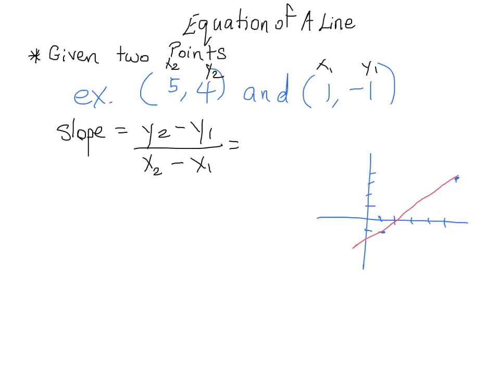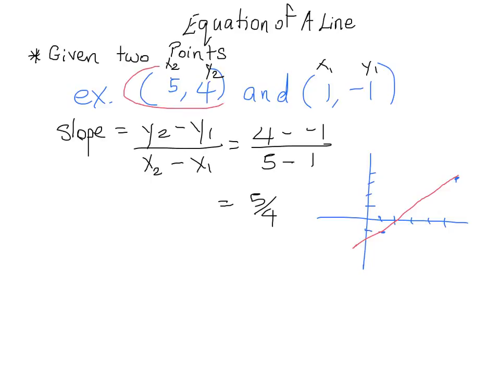Our slope would be equal to (4 - (-1)) over (5 - 1), which is 5 over 4. All right, great. Once we figure out our slope, it's starting to look like the previous problem. We just need to pick one point and one point only, and it doesn't matter which point we choose.